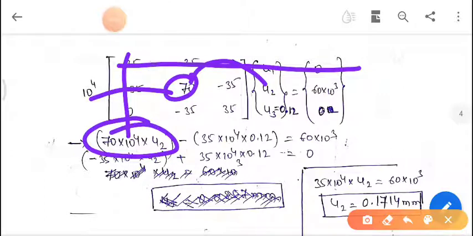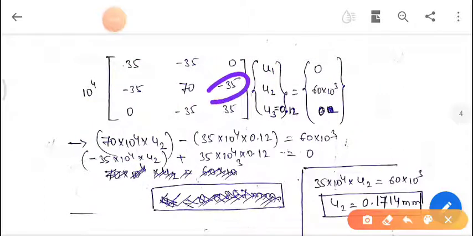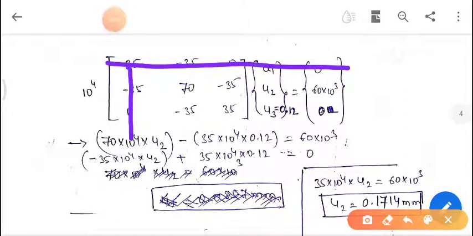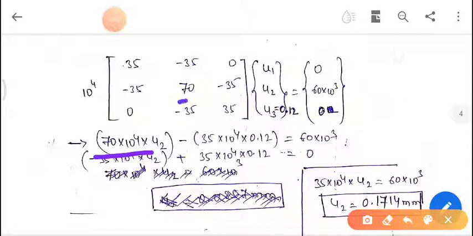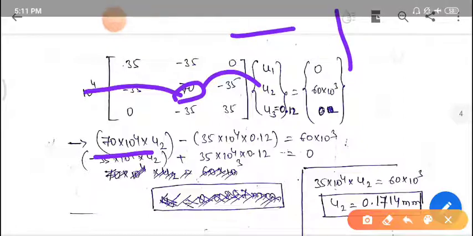Next we have minus 75 into 10 raised to 4 into u3, because here you can see this is eliminated, this is eliminated, and we are left with a 2 by 2 matrix. First row multiplied with this column. That's what I have written here: 70 into 10 raised to 4 into u2, row into column.